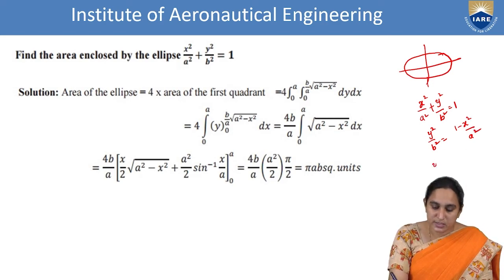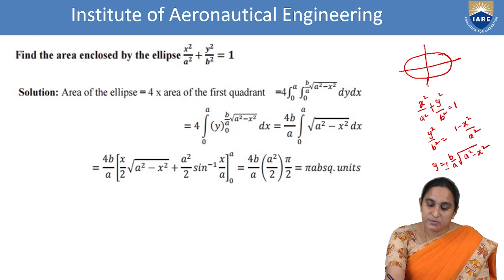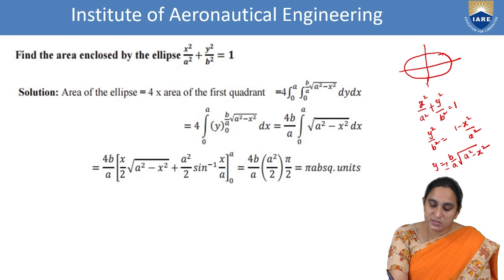Therefore y is equal to plus or minus b by a into root of a square minus x square. But since we start from the origin, we are calculating on the first quadrant, so I'll take the limit point as b by a into root a square minus x square.